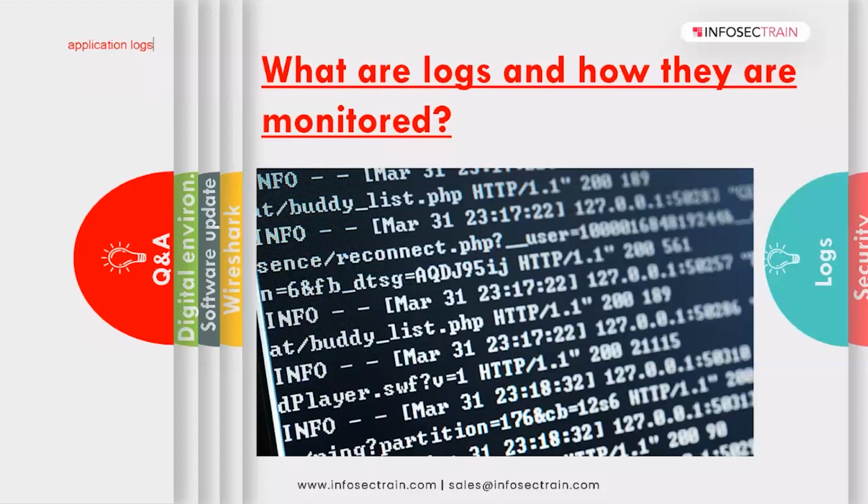Whenever a software application encounters some sort of issue or errors, the application logs become a lifeline for our developers and the support teams. After examining the logs, the support teams and the developers can identify the error messages, stack traces, and other information, which helps in pinpointing the root cause of the problem.